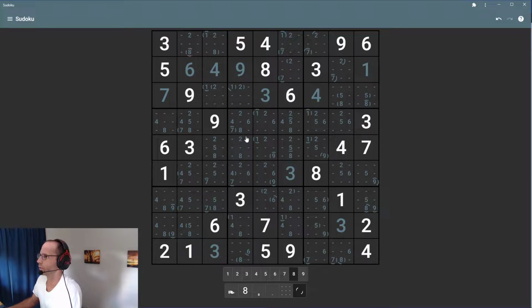If this is a 2, and that's a 2, then we've eliminated this one, and this one. The only place left for a 2 is here, in this column, which means that's not a 7, and this is a 7. Sad. I'm sad that that didn't let us figure out this 4.